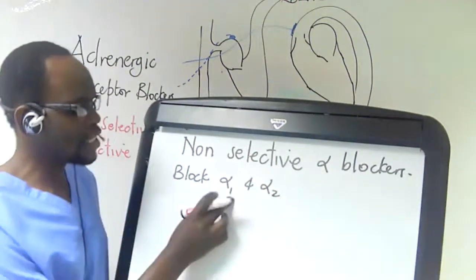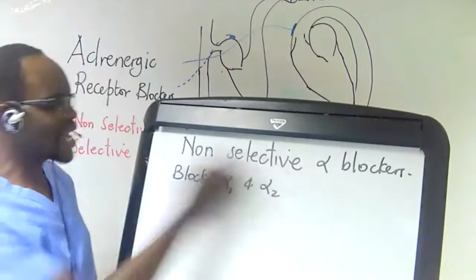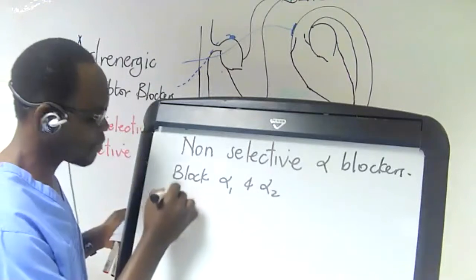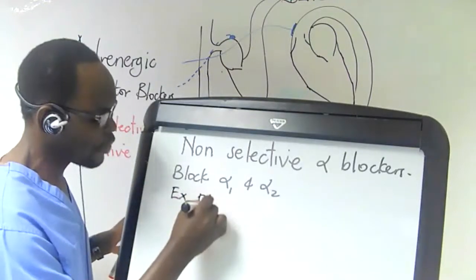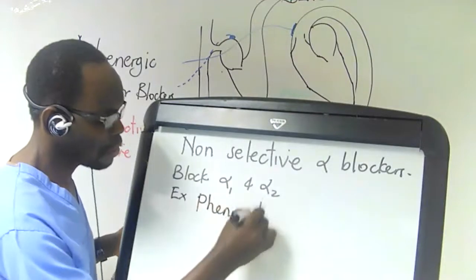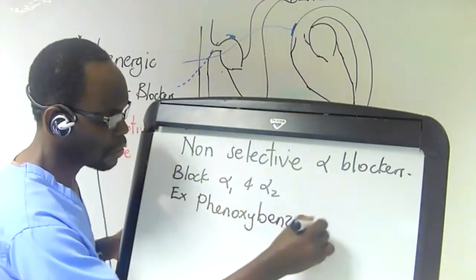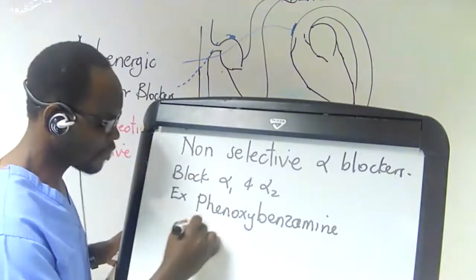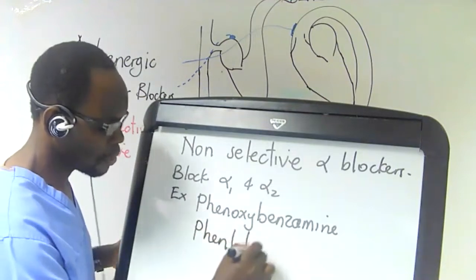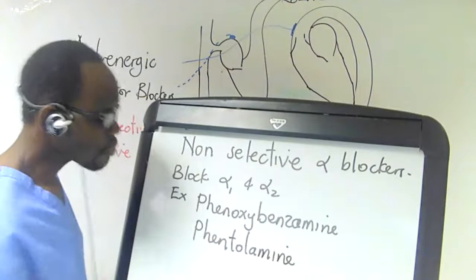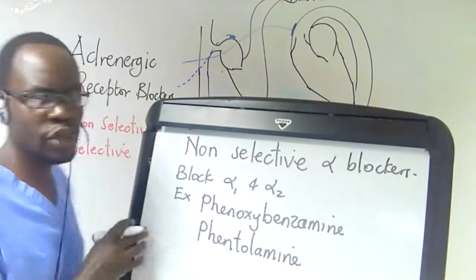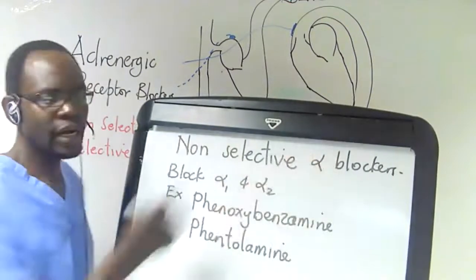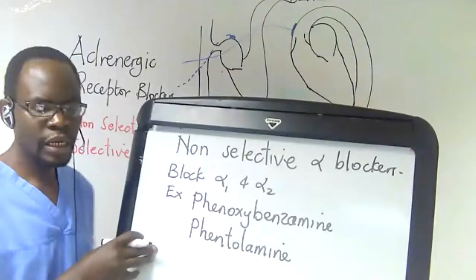And the selective will only block alpha 1. Examples of the non-selective alpha blockers are phenoxybenzamine and phentolamine.